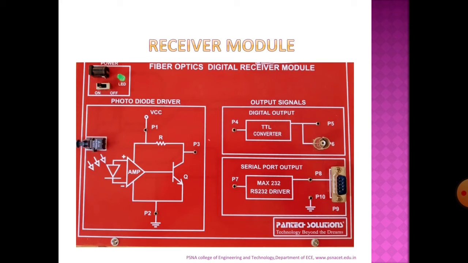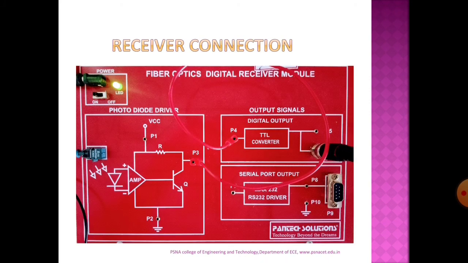So this one will be the receiver module. The photo detector or photodiode converts the light signal into an electrical signal, and there is a need of a TTL converter at the output end to restore the original signal. The connections of this receiver will be very simple. The output from the fiber, that is the other end of the fiber, has to be connected at the receiver optical connector.